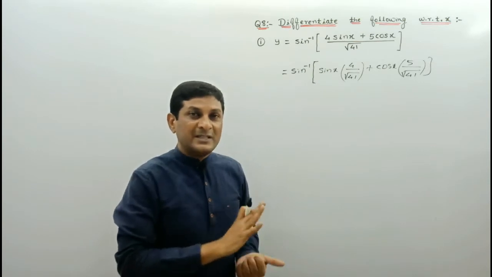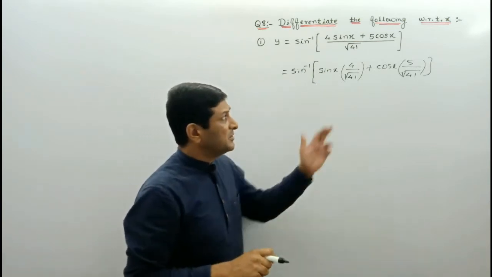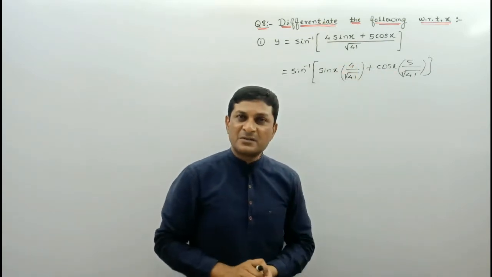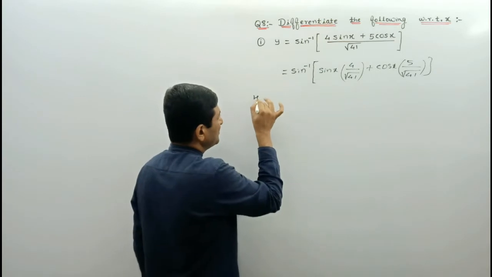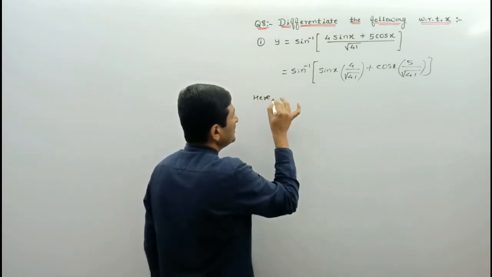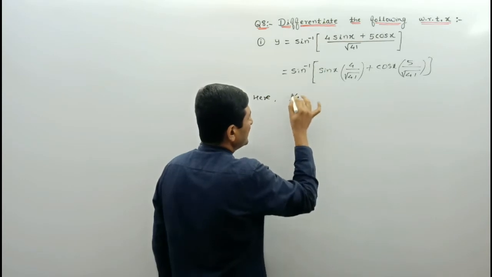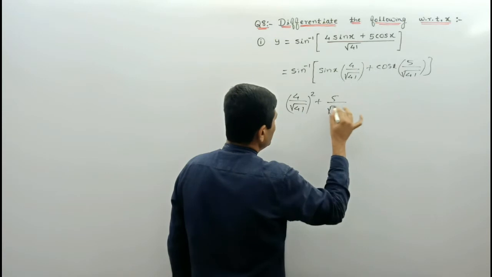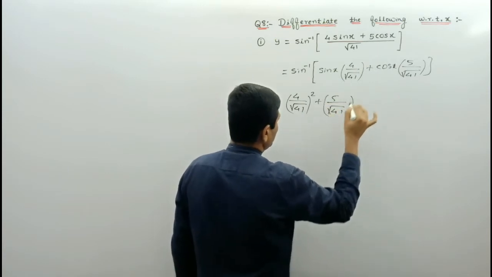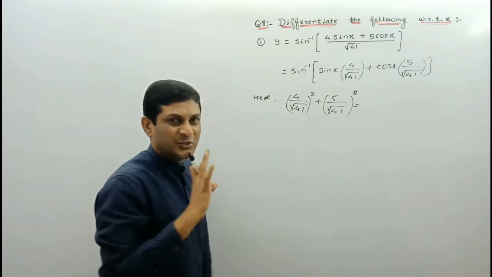So in all these examples we are using exactly the same method. Here whatever the numbers are given to us, let us try to find out the sum of their squares. So observe what result we will get. So here we can say that (4 upon under root 41) whole bracket square plus (5 upon under root 41) whole bracket square. Let us check what value we are getting. Means we are taking sum of square of these two numbers.